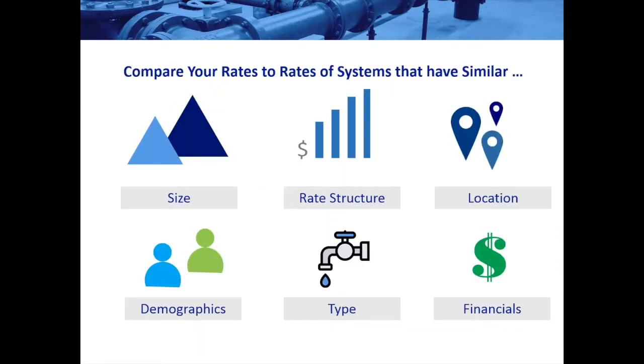So when we're talking about the comparison group, there are a lot of different options to choose from. You can compare your rates to the rates of systems that are similar in size, in fact a similar number of connections, the same type of rate structure, whether that's uniform, increasing block, anything like that, or the location, whether that be in the same watershed or a sort of mileage distance.